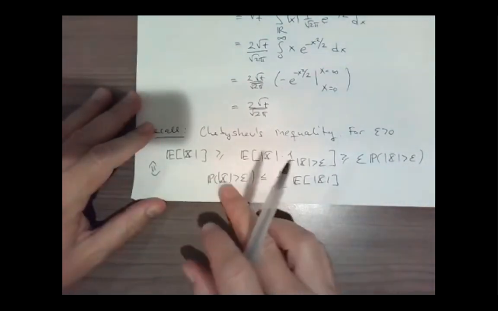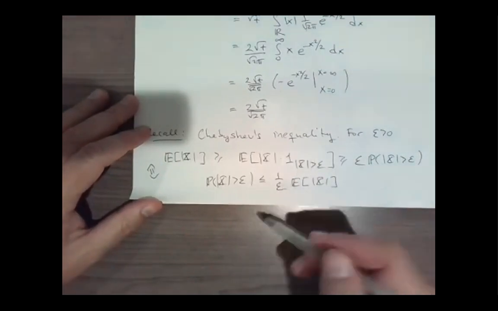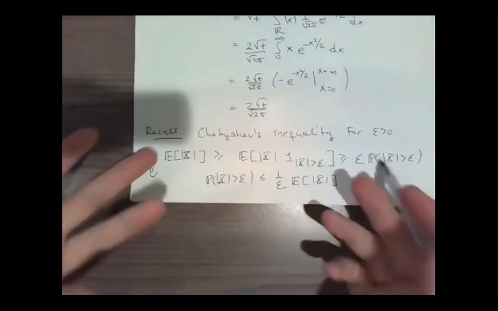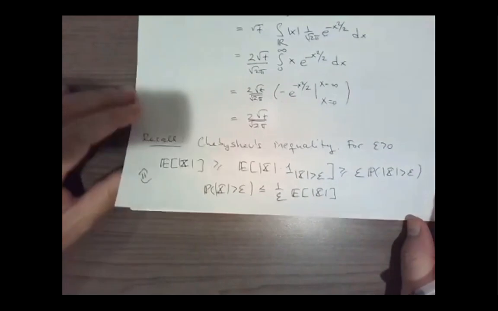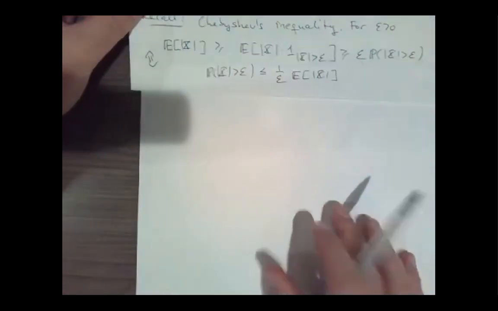So I'm hoping that most of you have seen Chebyshev's inequality before. If not, here's an outline of its proof.